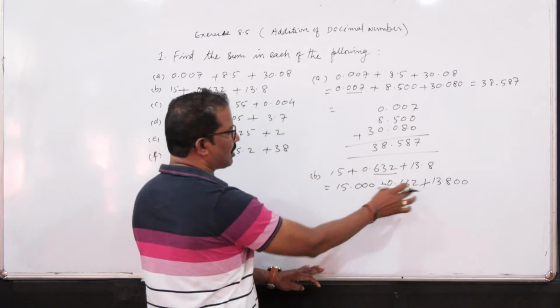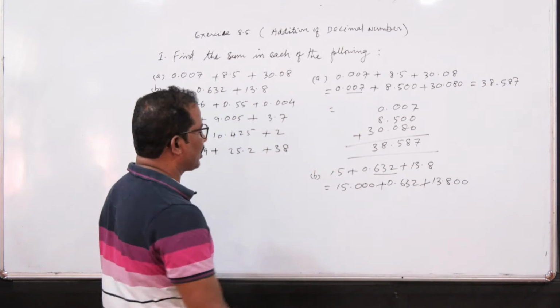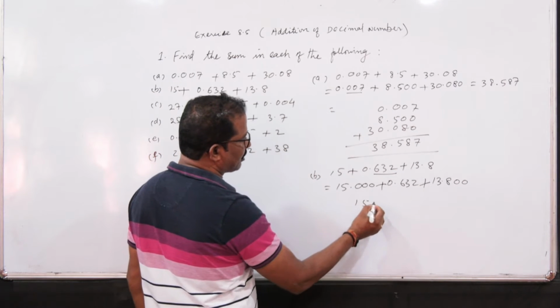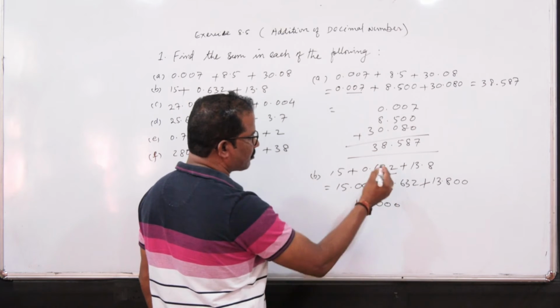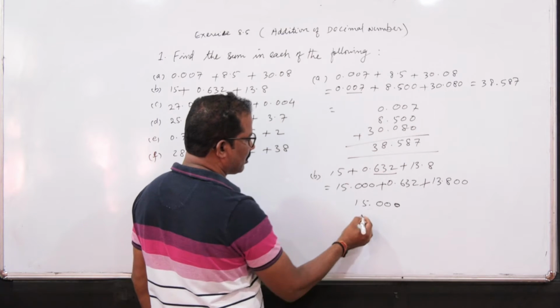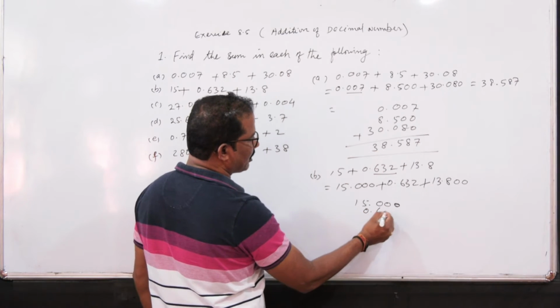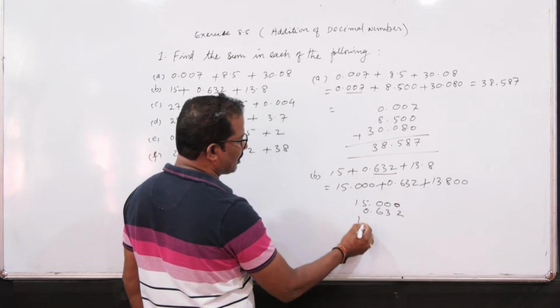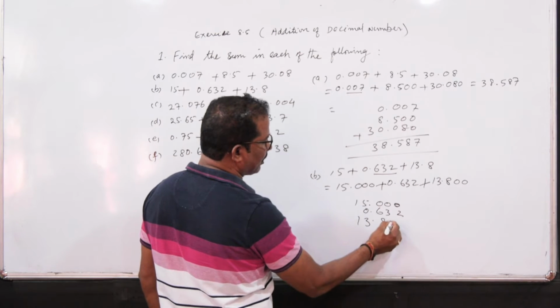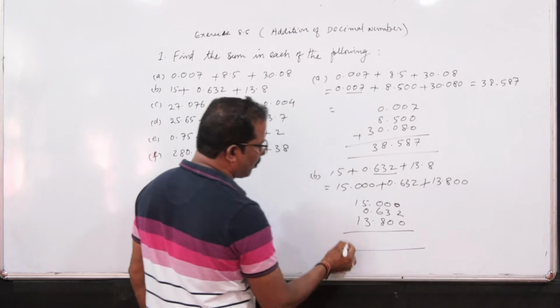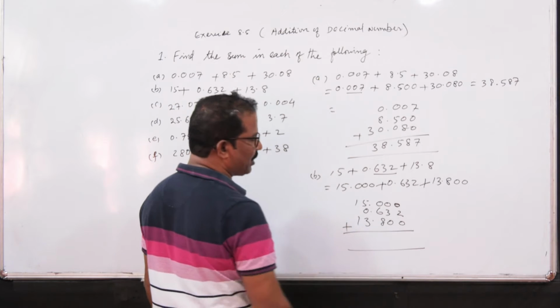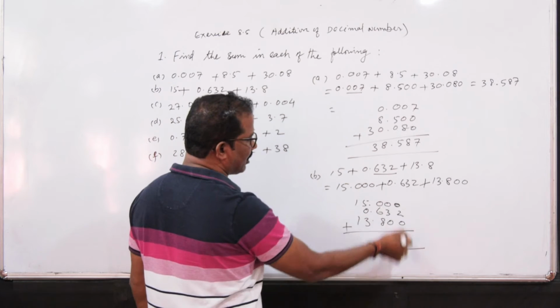Now all the numbers are like decimals. Now we can add by writing like this: 15.000 and here 0.632 and here 13.800 only.